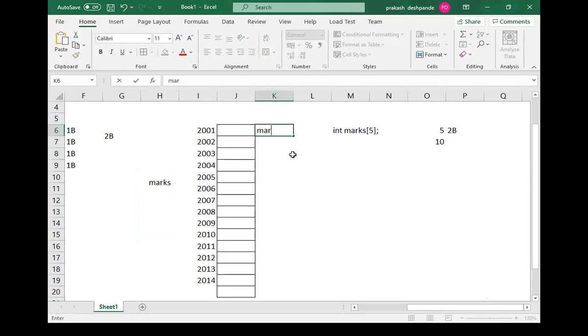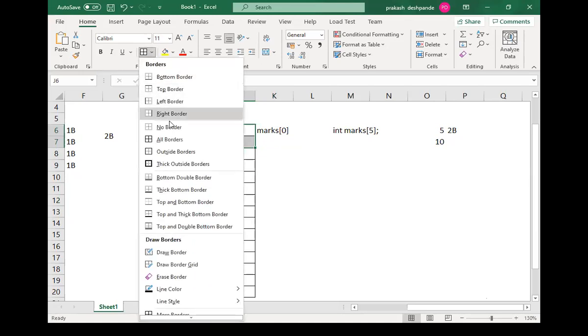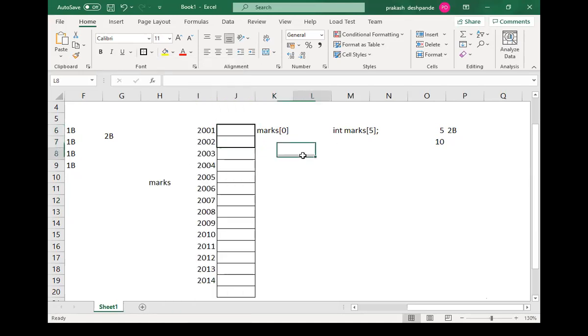Marks of 0 is the first one, right? So marks of 0 will get allocated between 2001 and 2002. Then marks of 1 will get allocated between 2003 and 2004.